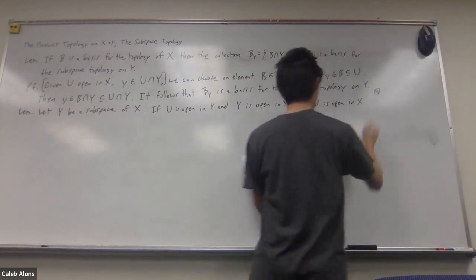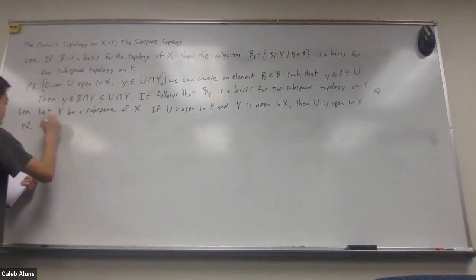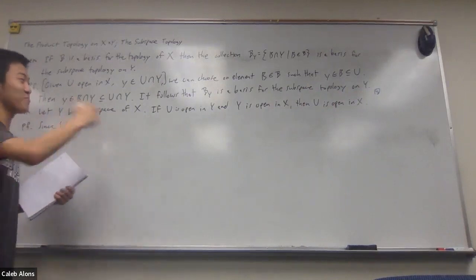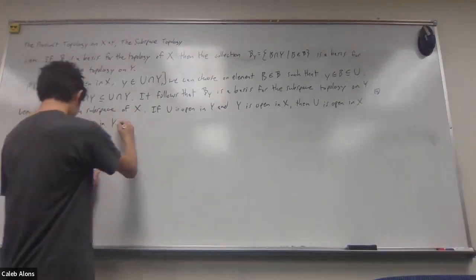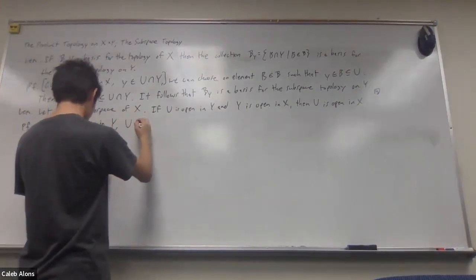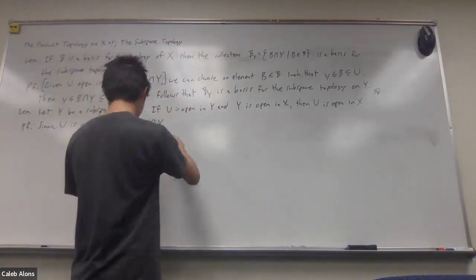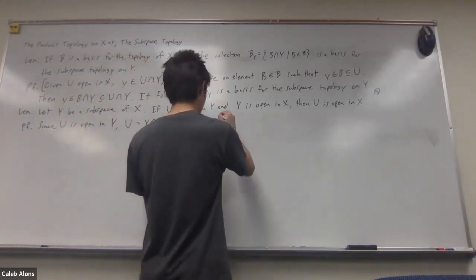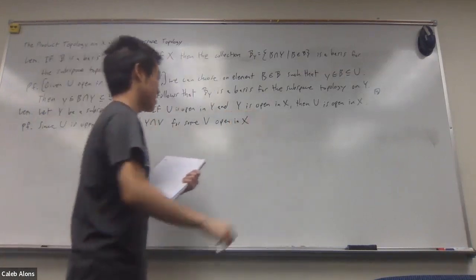Good. I believe that one. Some of them are easier to believe than others. So the proof is pretty much just stating, well, look, since U is open in Y, then that means we have that U is Y intersecting some V, for some V that is open in X, and that's guaranteed by the way we've defined the subspace topology.